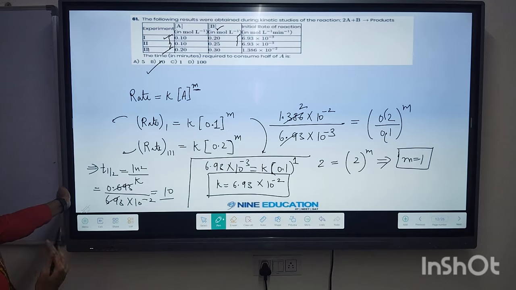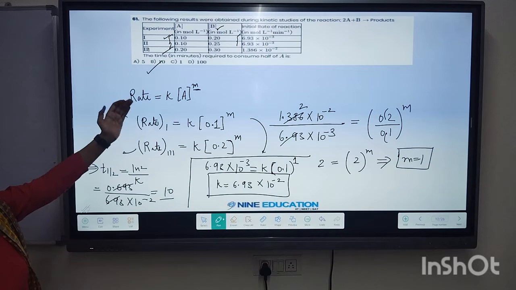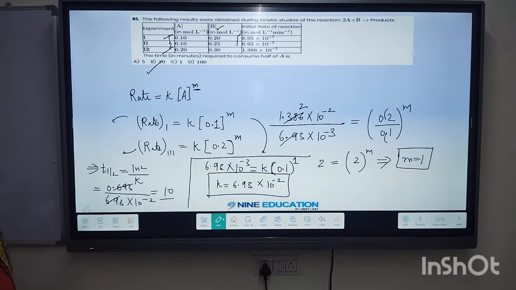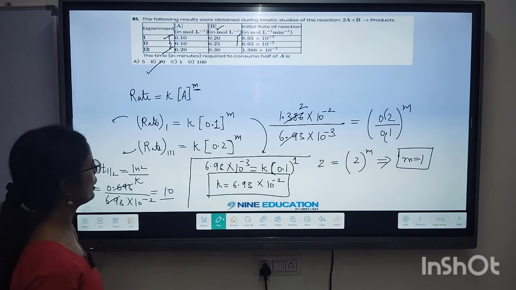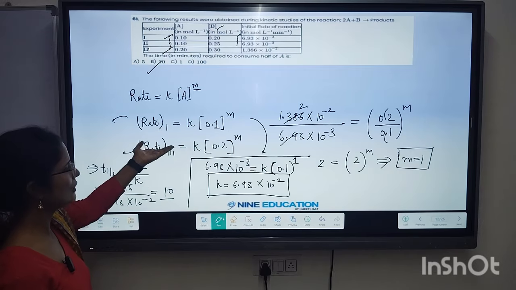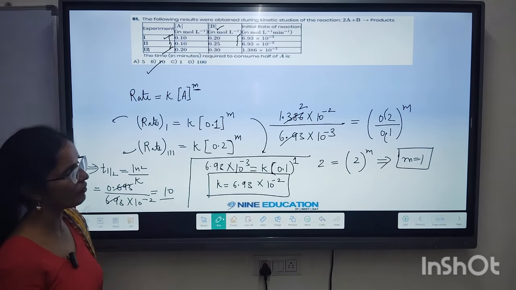Whenever we introduce the rate law and order of the reaction, this kind of experiment-based question is discussed, in which we have some initial concentrations of two reactants. Sometimes the order will come 0, and like that we are able to find the order of the reaction with respect to the different reactants. The same we have done: we took the help of the initial concentration and initial rate, came to the conclusion that rate is equal to K A raised to power m, and by taking two experiments, K cancels out and other values are given, so we can find the m value.